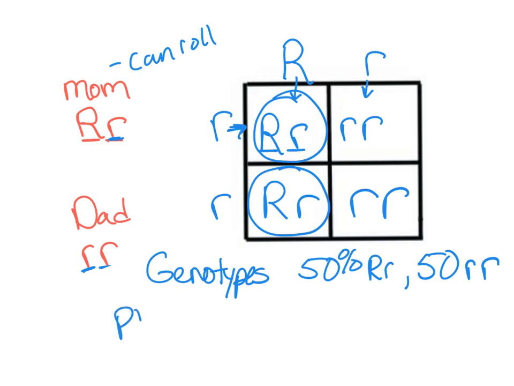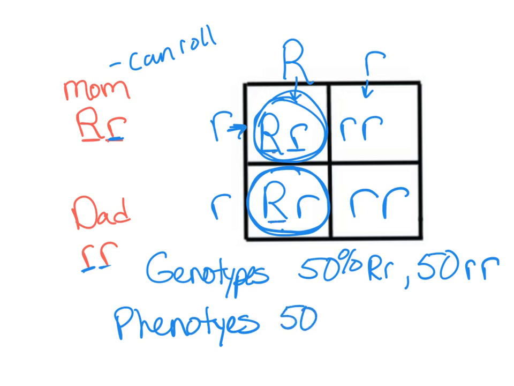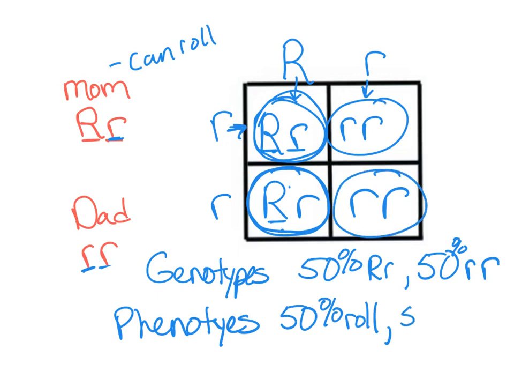If we want to look at the phenotypes, these two individuals would be able to roll their tongue because they have a dominant allele. So 50%, since it's 2 out of 4, can roll. And, oops, I forgot the percent sign. We could say that 1/2 or 50% cannot.